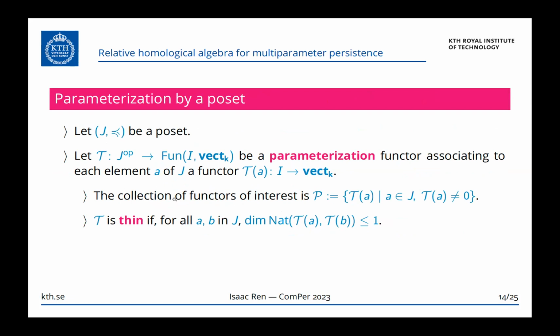In our case, the morphism of this functor, so if we have A less than B in J, then we'd have a morphism from T of B to T of A because we have this opposite.